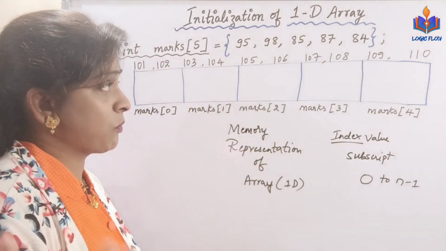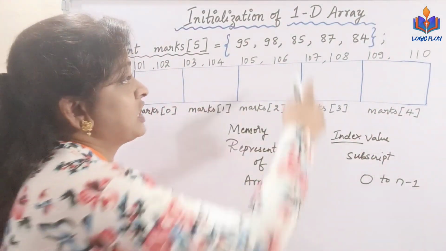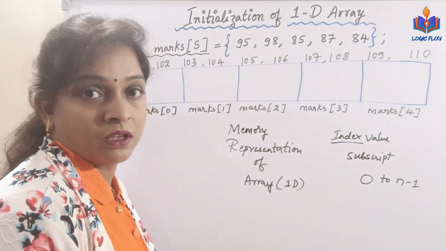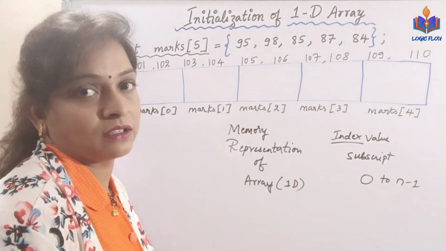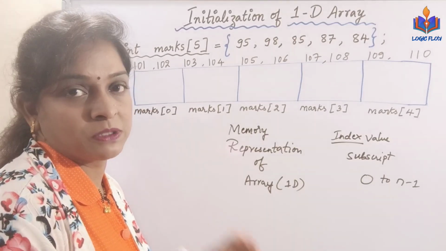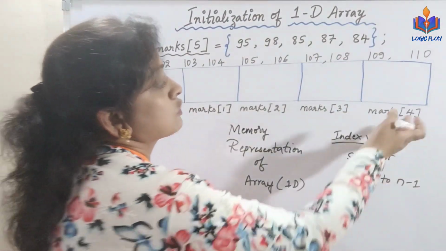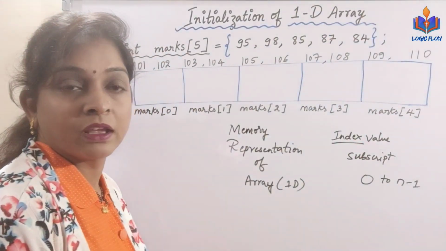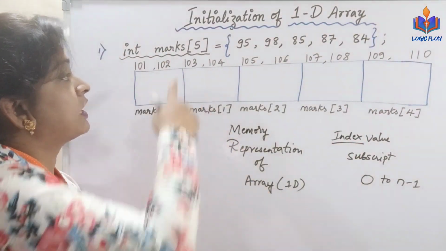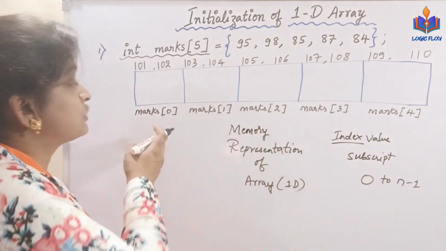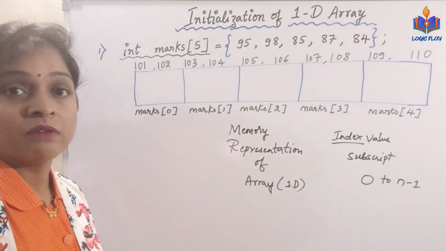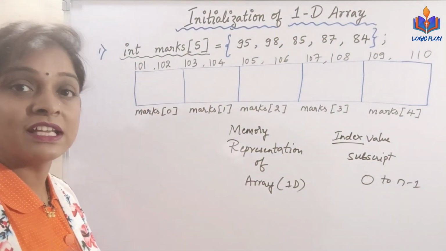If I ask what is the address of marks of 3, it is 107. I can't say 107 and 108; of course it takes 2 bytes, but I have to specify only the starting address. What is the address of marks of 4? It is 109. Marks of 1? It is 103. Marks of 0, it is 101. Here 101 we call the base address.